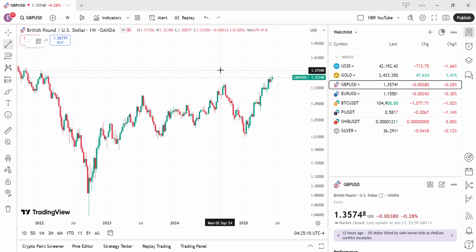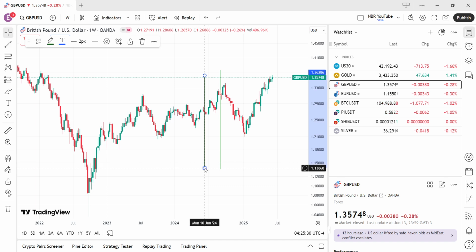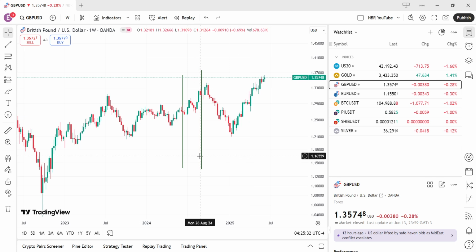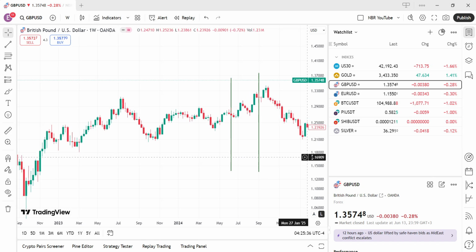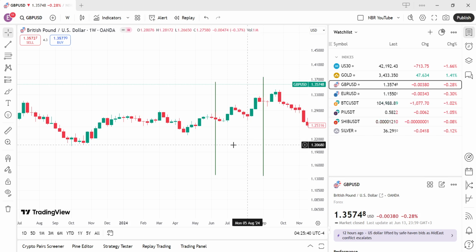Or let's say 2 September. Let me take this fractal from here. Okay, from 10 June until 2 September, which is around 3 months.